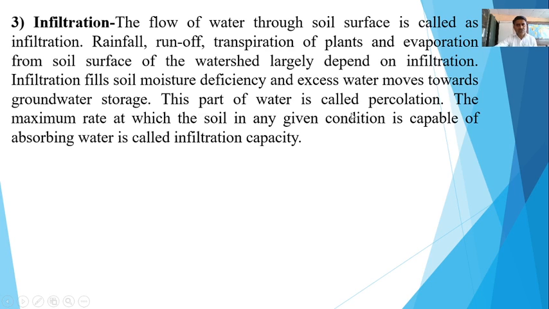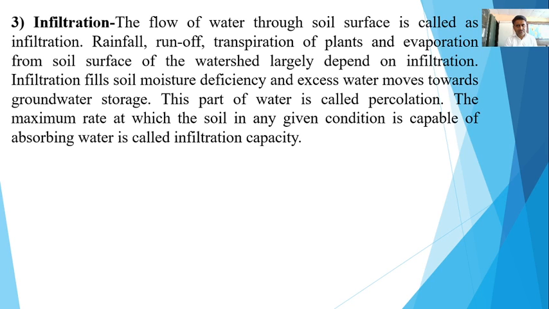This part of water is called percolation; whenever there is a flow, some amount of water percolates. The maximum rate at which the soil in any given condition is capable of absorbing water is called infiltration capacity. How much water gets infiltrated, with how much intensity, that capacity determines.